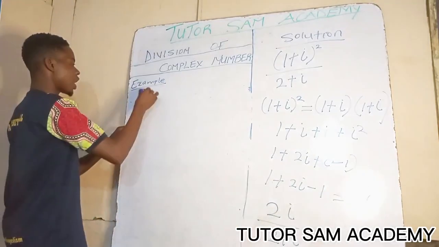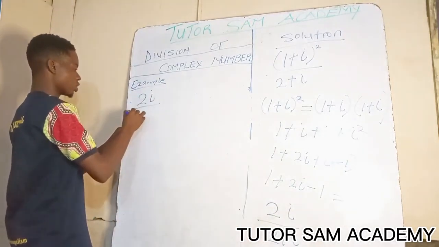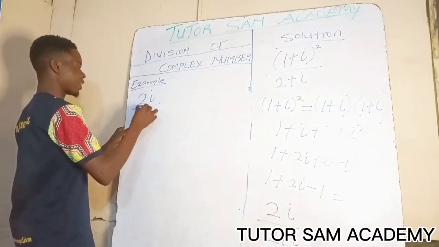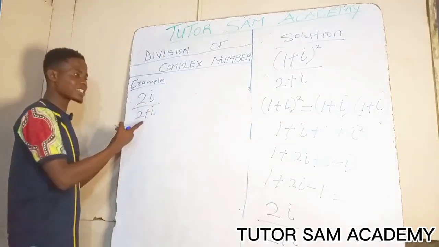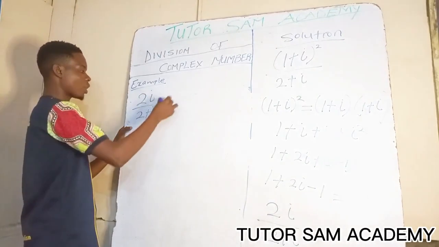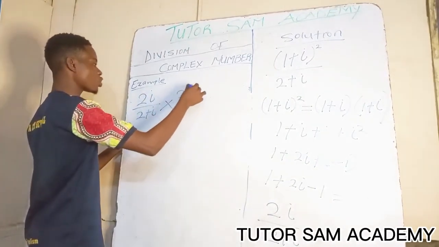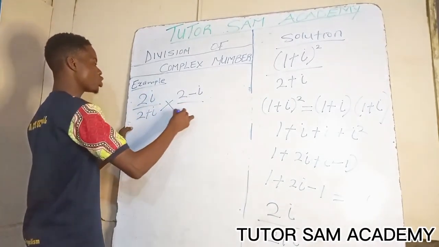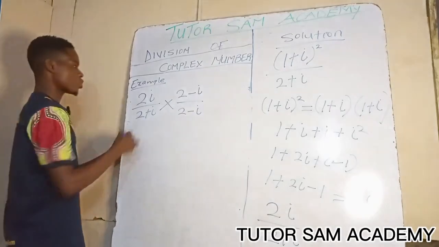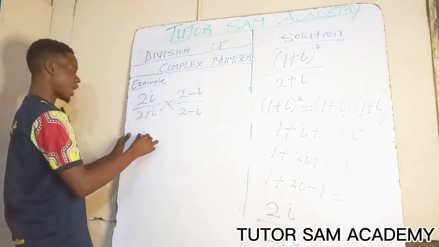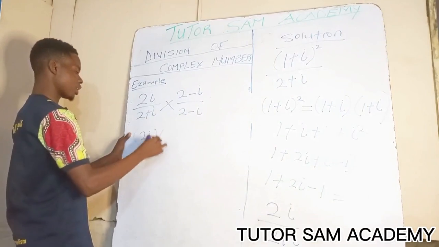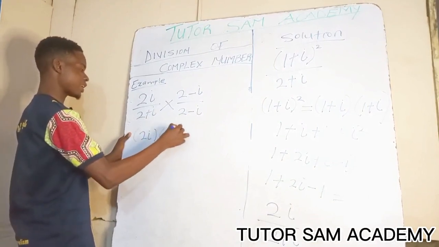This is 2i all over 2 plus i. So by rationalizing, taking the conjugate of the denominator, my conjugate will be 2 minus i all over 2 minus i. So here I will have 2i multiplied by 2 minus i.